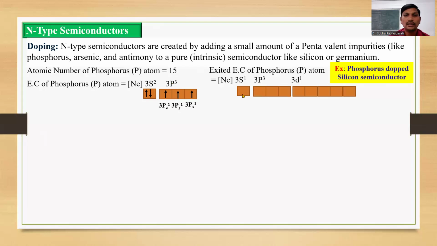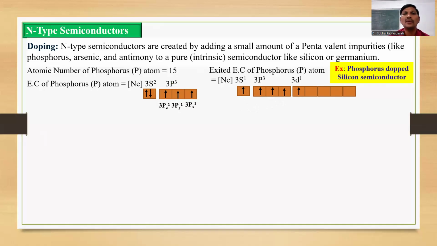These are the 5 degenerate orbitals. Here the first electron enters into the 3s orbital in clockwise direction, the second electron enters into the 3pz orbital in clockwise direction, the third electron enters into the 3py orbital in clockwise direction, the fourth electron enters into the 3px orbital in clockwise direction, and the remaining fifth electron enters into the 3d orbital in clockwise direction.